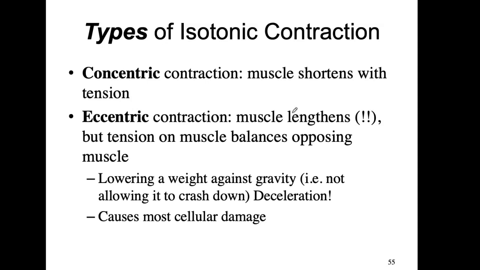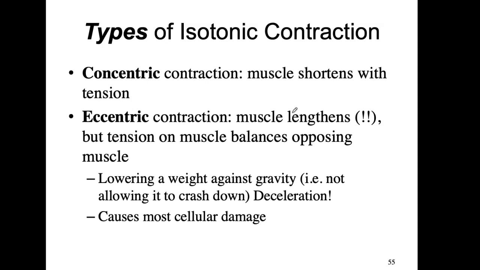So the example is lowering your weight against gravity. If you had your elbow on a table, and in your hand you had a weight, and your hand is up, and you're bringing the hand down towards the table. You don't want it to just slap down. You don't want it to crash. You're doing it slowly.